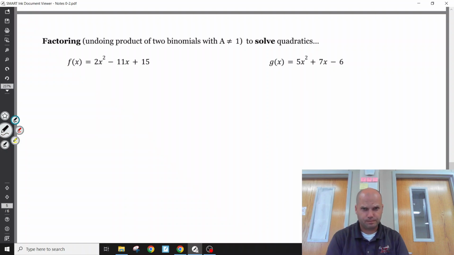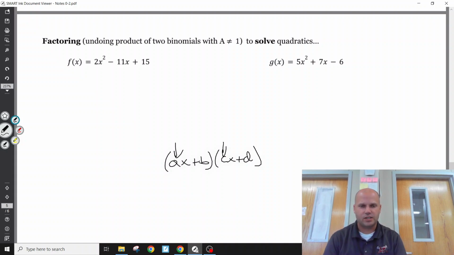Now, to the tricky ones. If I notice that the first term is not x squared, what we're going to have is a situation where we realize we could have numbers before x's that when multiplied create this number 2 or this number 5.